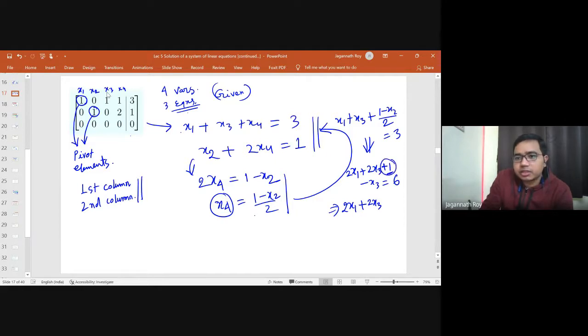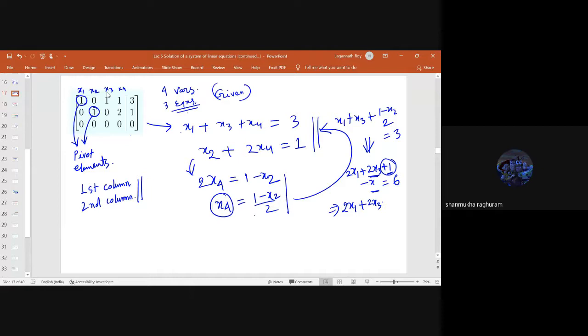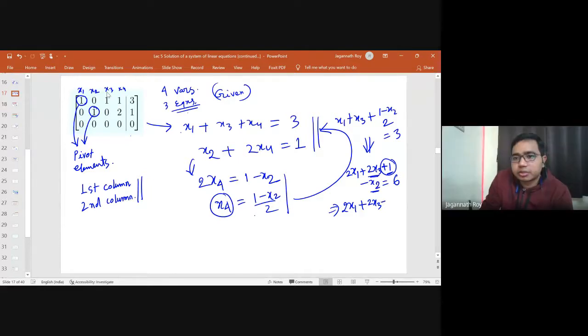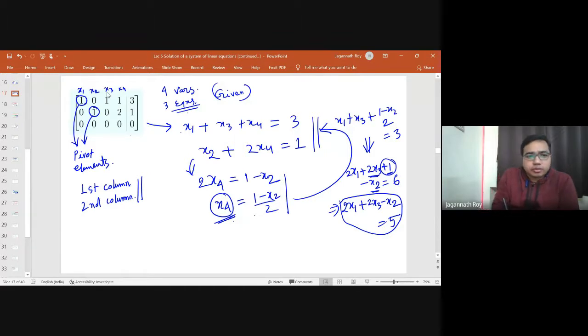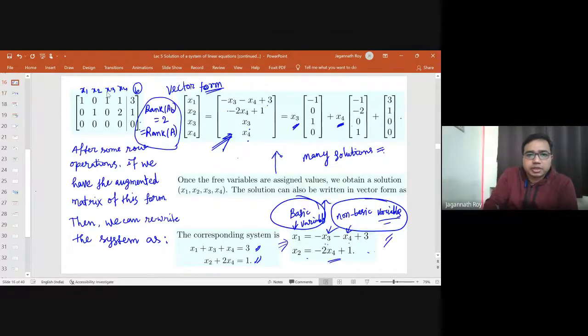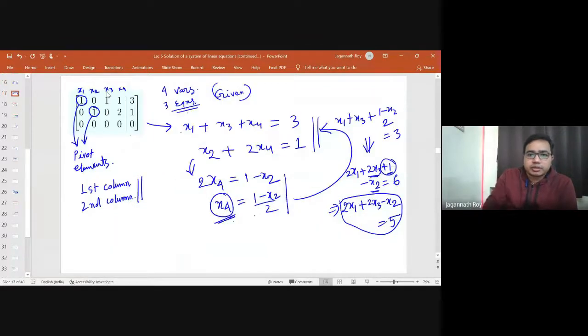Let us take this to the right hand side. So 2x1 plus 2x3 minus x2, sorry, this is x2, equals 5. So what we are getting now is that we are able to find x4 but we are not able to get the other variables, right? So if you try to write this in vector form, x1, x2, x3 and x4, right?